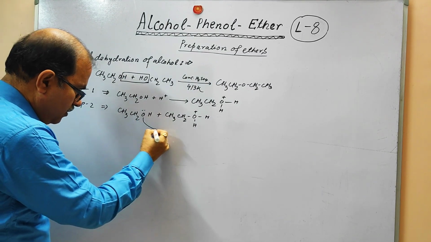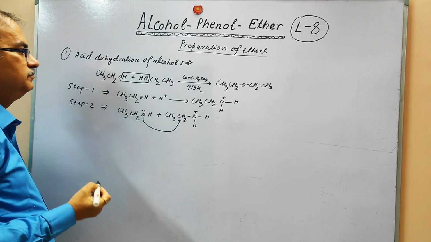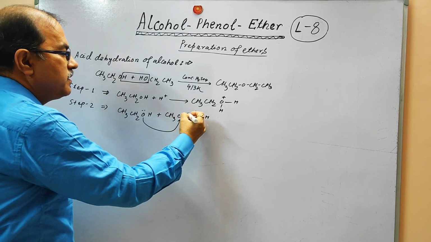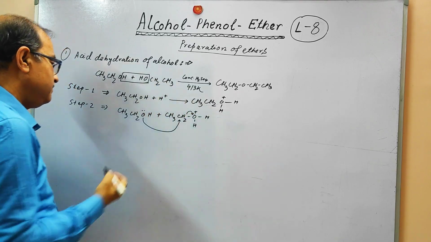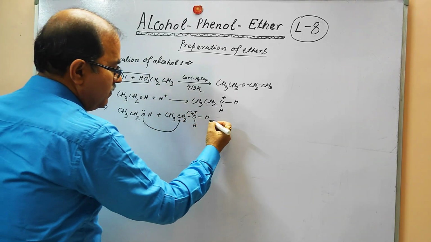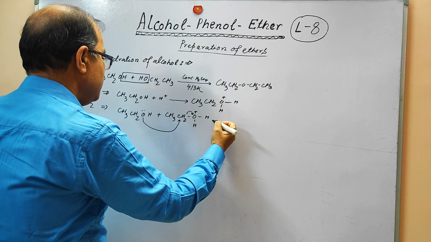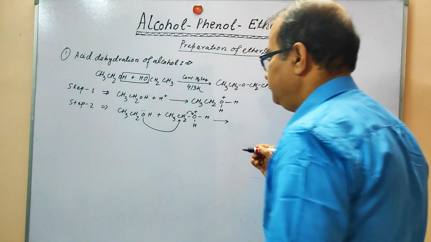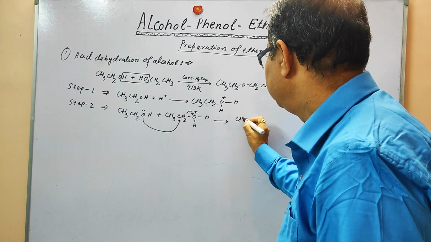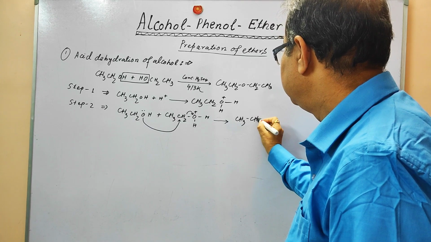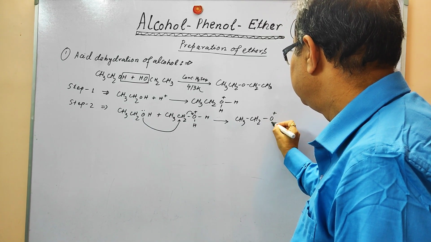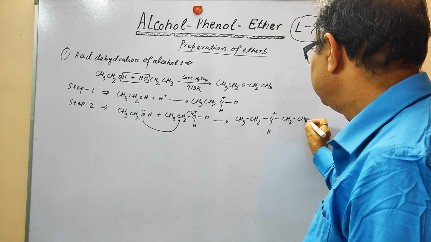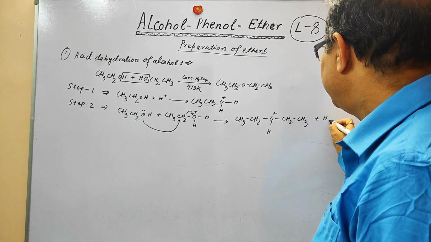Here this oxygen atom will be attached to this carbon, and because this is positively charged, it will take this electron pair into itself, and this bond will break, and there will be the production of this, and H2O will be liberated.